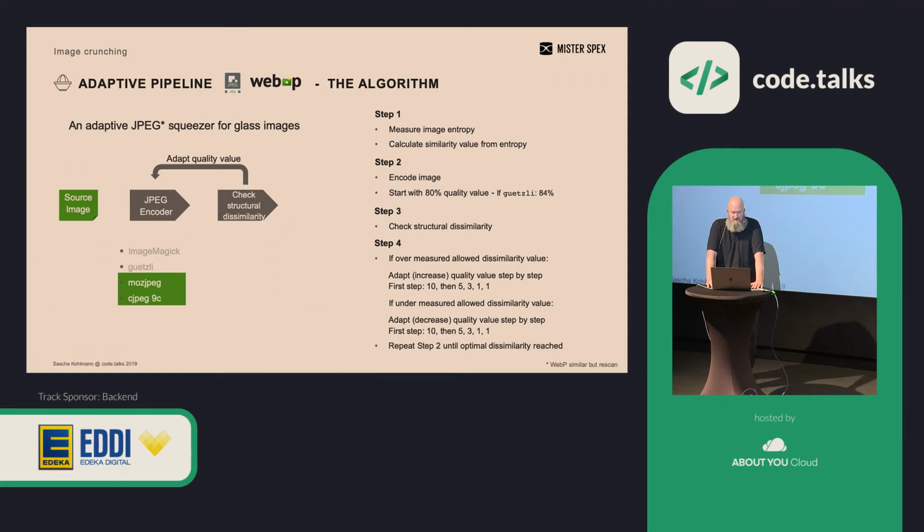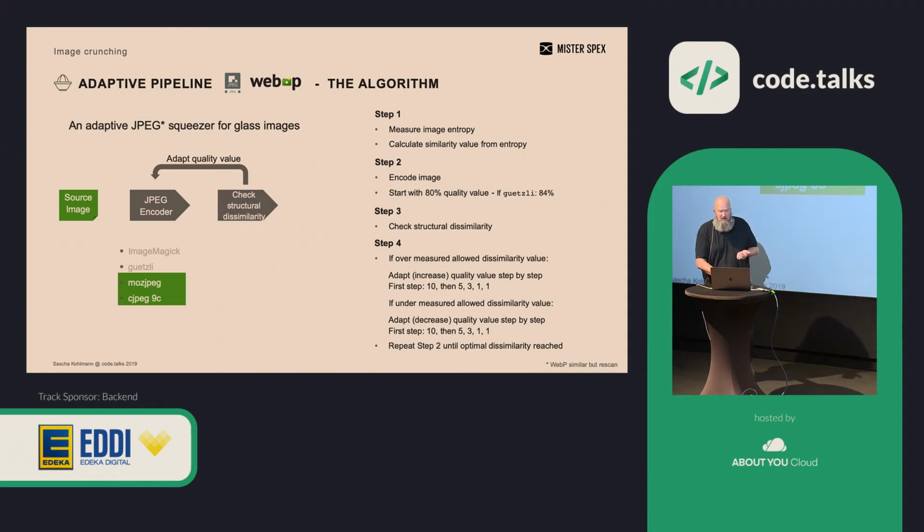The important part here is step 4, where we start normally with 80% quality. So we are working with this quality value, but we are doing it only to compress the image. Then we take over the dissimilarity value.